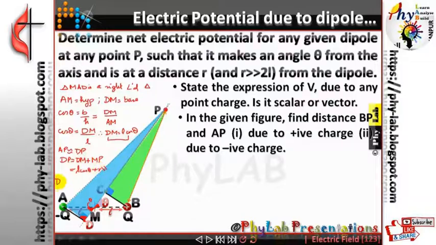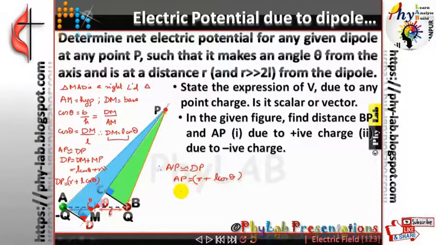So you get DP as R plus L cos theta, which makes AP also equal to R plus L cos theta. Since DP is R plus L cos theta and AP was approximately equal to DP, therefore AP also equals R plus L cos theta. Isn't it, friends? So this is what we have got.